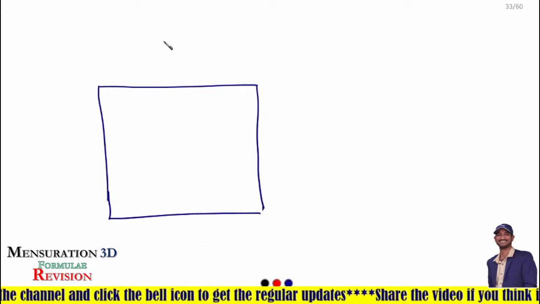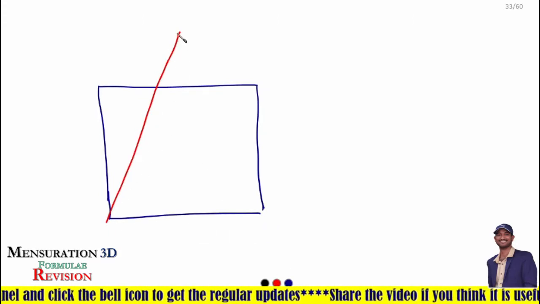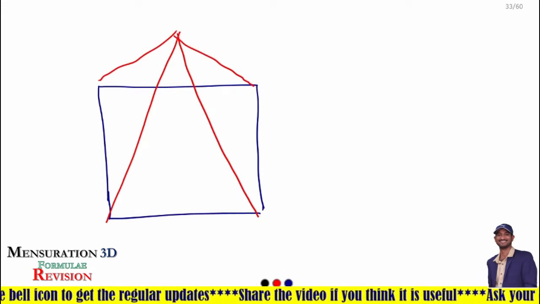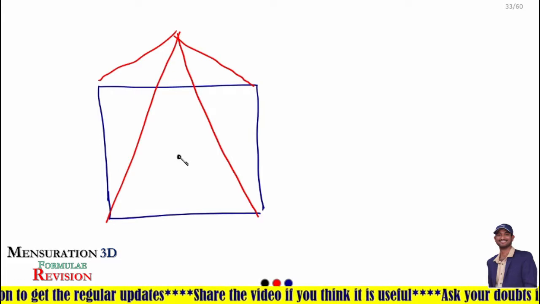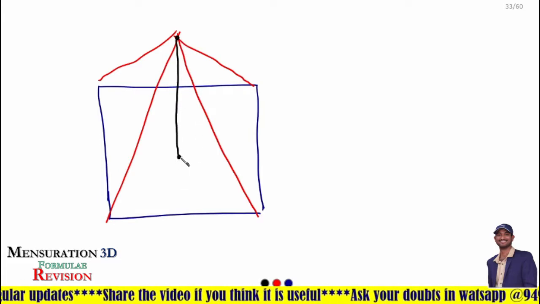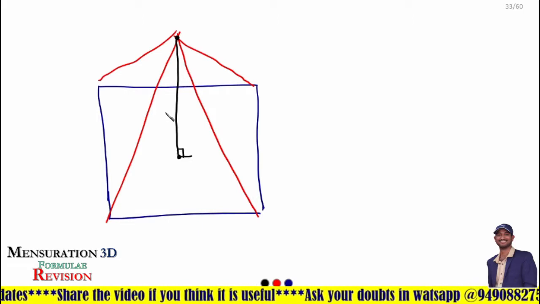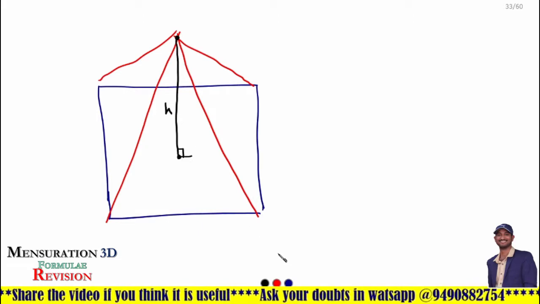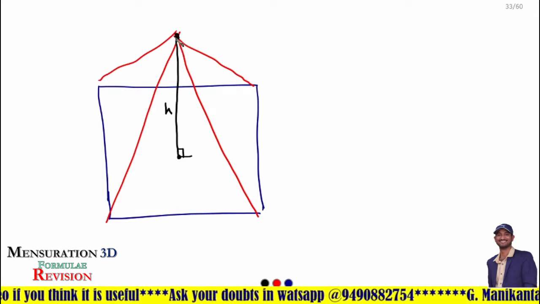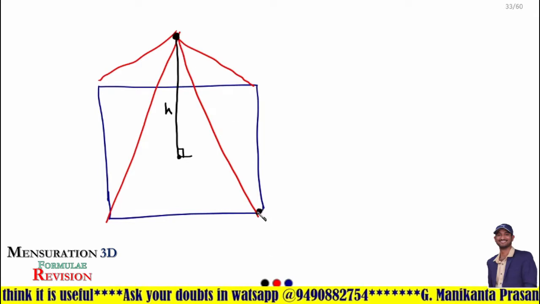Once again, I will tell you the differences between slant height and slant edge. Height means the perpendicular distance from the apex point to the centroid of the base polygon. This is height. Slant edge means the distance from the apex point to any vertex.